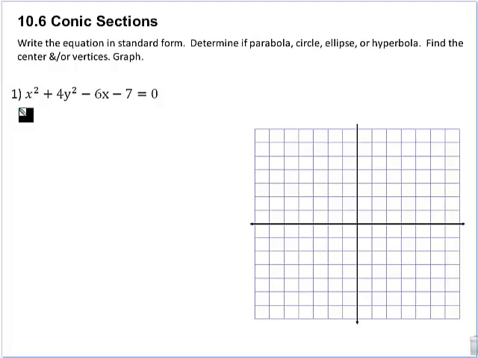So if we have x squared plus 4y squared minus 6x minus 7 is equal to 0, we first want to look at it and try to decide, is it a parabola, circle, ellipse, or hyperbola? What are some things about this equation you know?